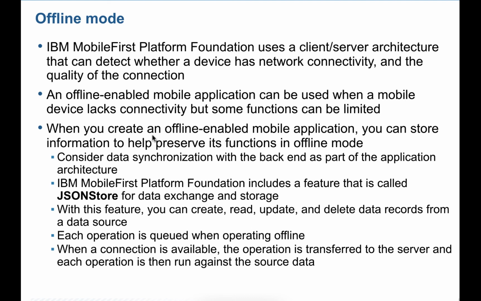If they don't have internet connectivity, they can fill the whole application, but since internet connectivity is not available, they cannot submit. For the time being, you can save all the data. Once connectivity comes, you can send that data to the server. So all those things are available in the JSON store.